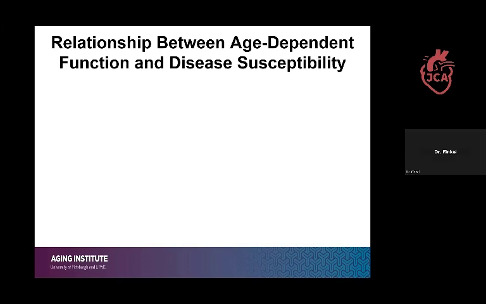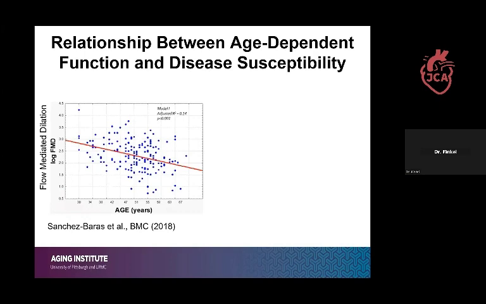As an example, in the cardiovascular system, here's one measure of an age-dependent decline in function: flow-mediated dilatation as a function of age. As you can see, there's some scatter, but basically with age, the ability of the vasculature to respond and dilate is impaired.